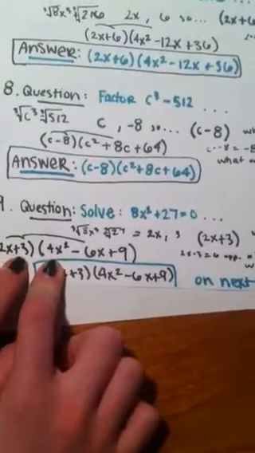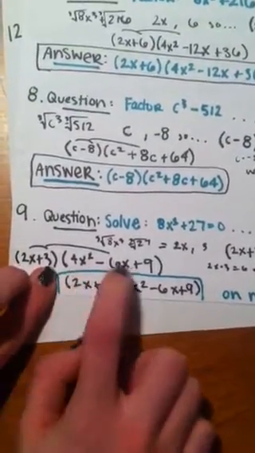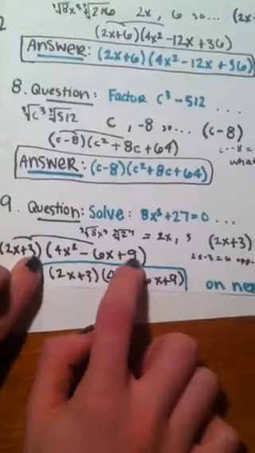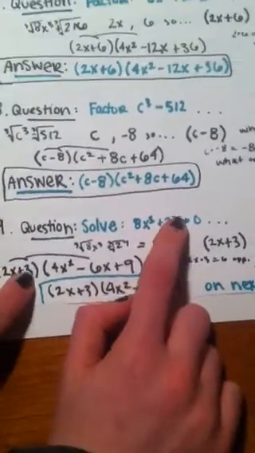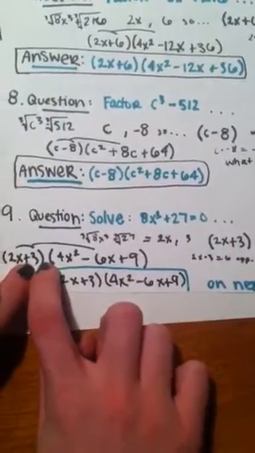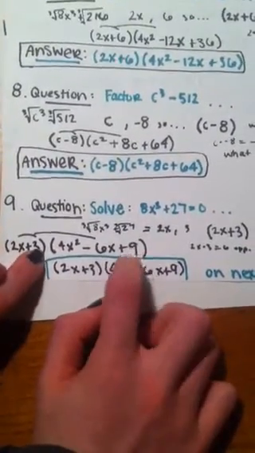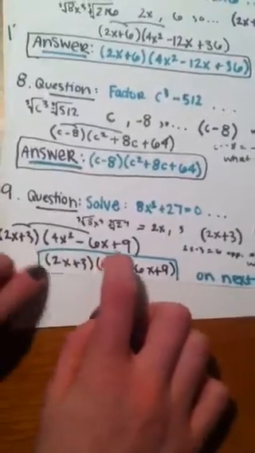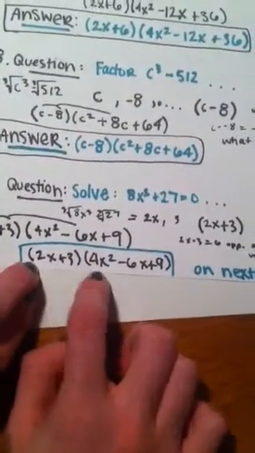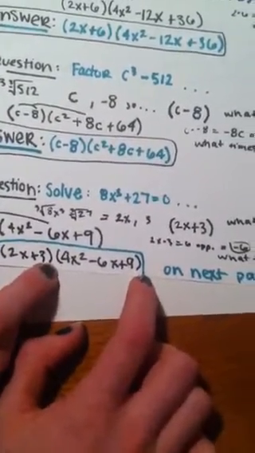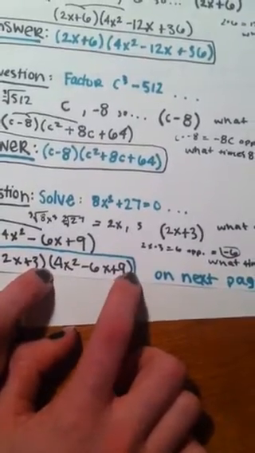And then times these two together to get 6x, change the sign, negative 6x. What gets you 27 times 3, which is 9. And the last term is always positive, so you have the quantity of 2x plus 3 times the quantity of 4x squared minus 6x plus 9.